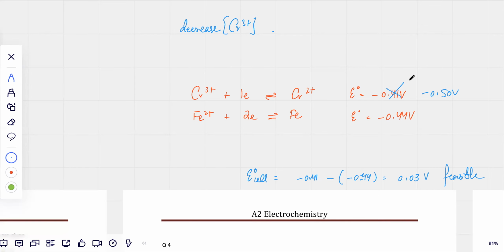So if I were to use the same reaction, my E0 cell is now going to come out to be negative, because the higher one is more negative now: minus 0.50, minus the lower one, which is minus 0.44. This comes out to be negative 0.06, which means it's not feasible, because this is not the higher potential. The higher potential is the one that gains electrons. So this should be gaining electrons. So now the reaction is not going to work. Is this clear?